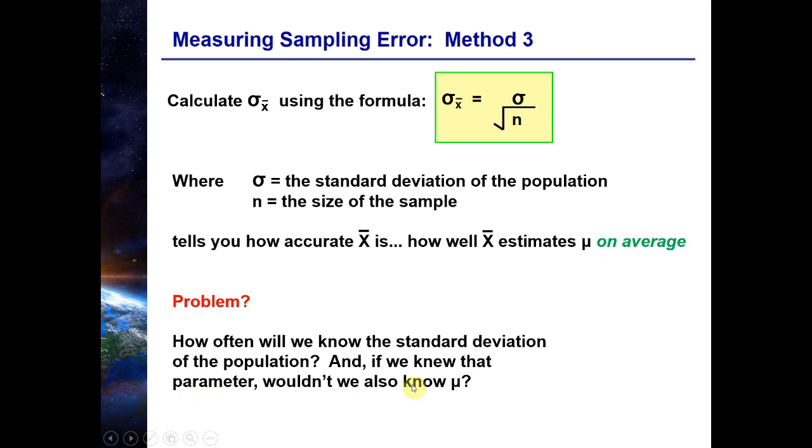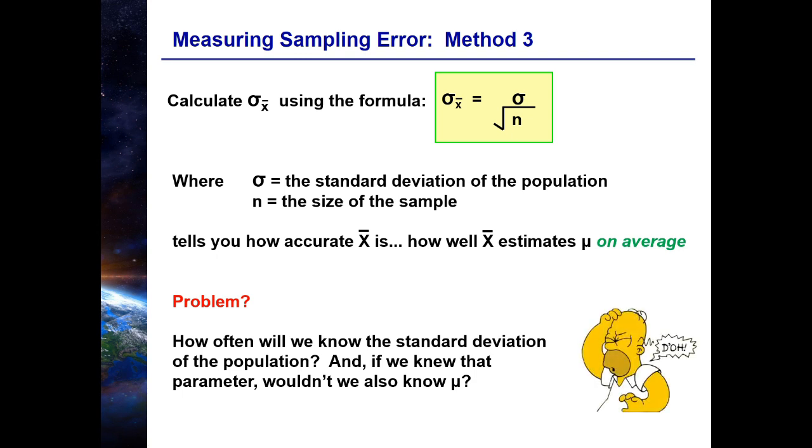That means we also know mu. So you see how it's kind of like method number 1. We can't calculate the standard deviation of the population because we don't know it. And if we did know this, we would know mu. So why are we doing this to begin with? You see how it just doesn't make any sense?